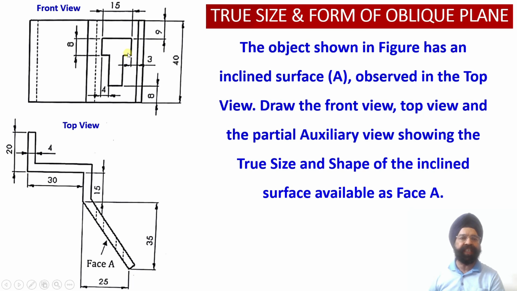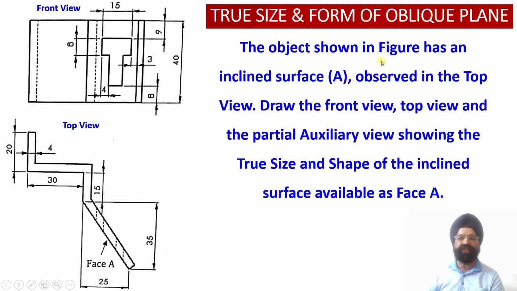So this is the T-shaped surface which we have observed in the front view on the vertical plane as an apparent view projection, and this surface has been represented as an edge view in the top view projections of this particular solid. Now this edge view appears as an inclined surface in the top view projections, so we need to evaluate the true shape of this T-shaped surface in this problem.